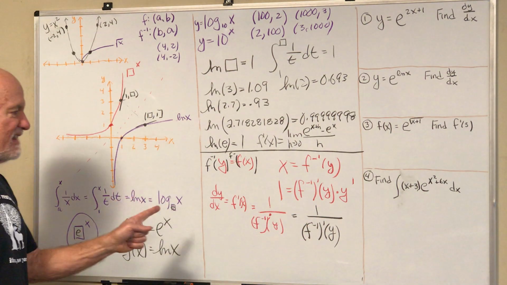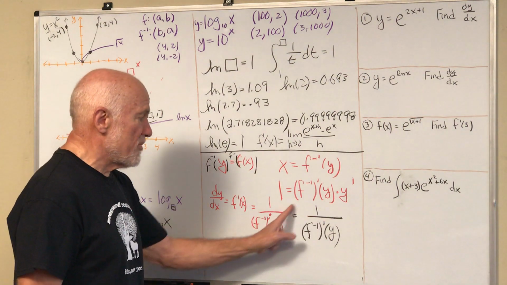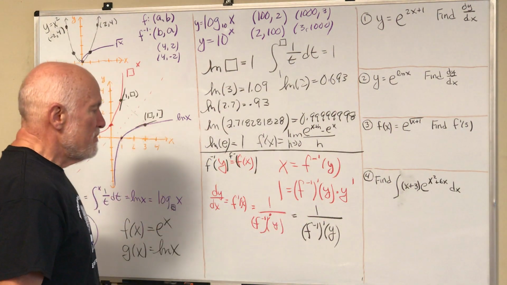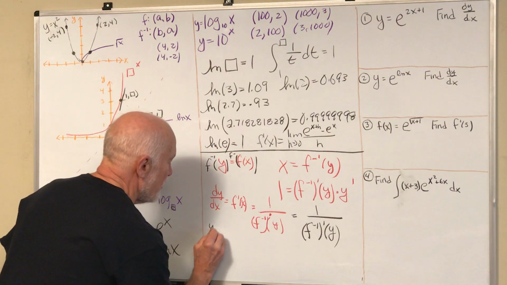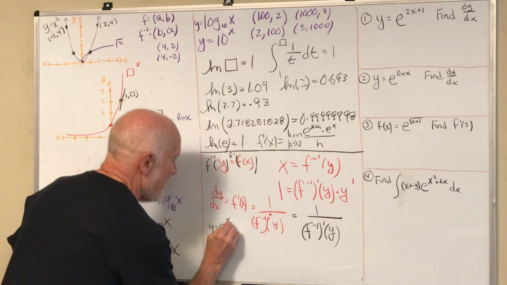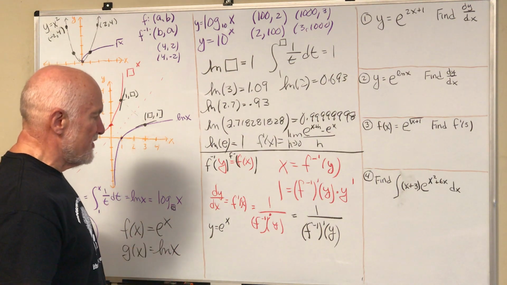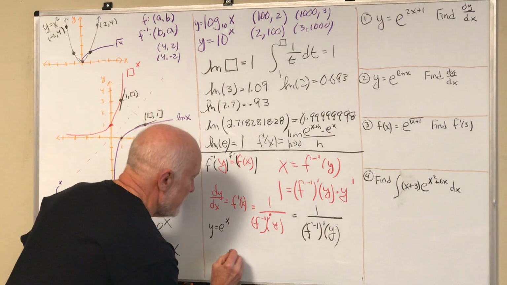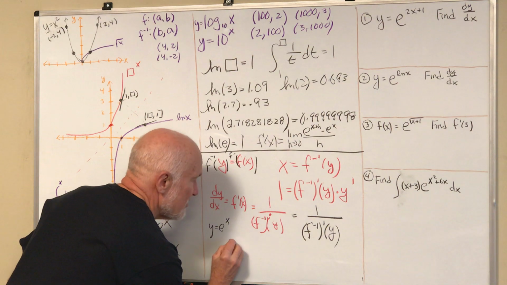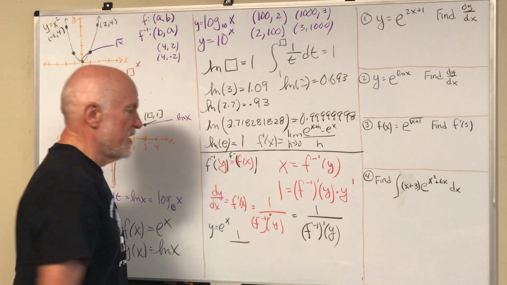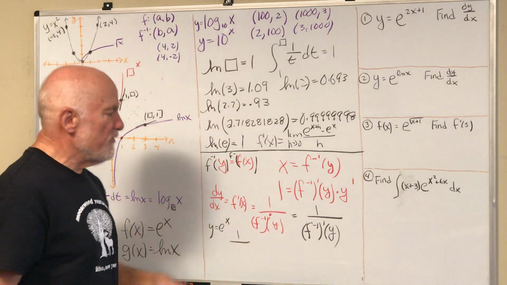Well, the reason I did this, by the way, this is a nice formula in itself, but what can I do if y equals e to the x? What if I want to find its derivative? I can say its derivative is 1 over the derivative of its inverse function.